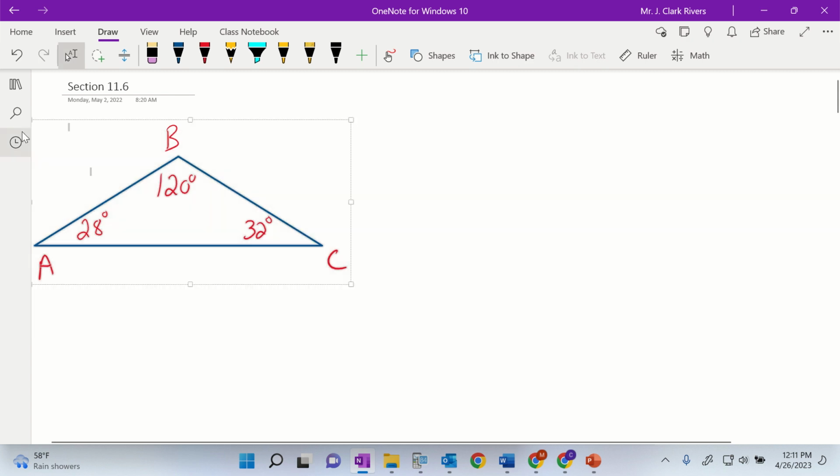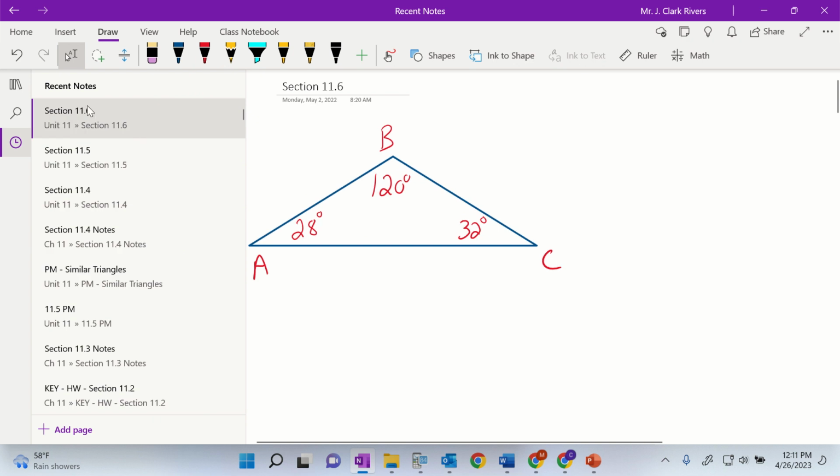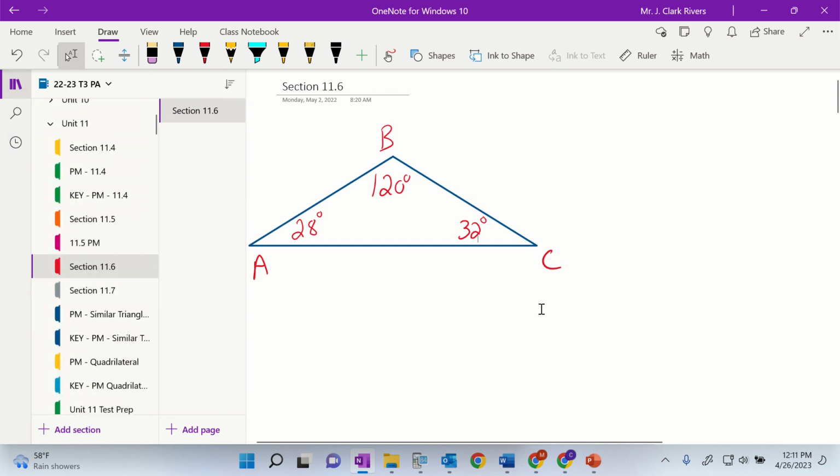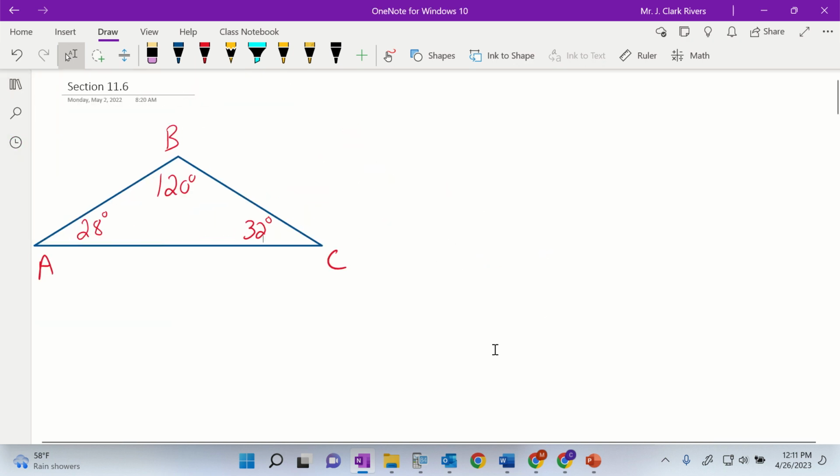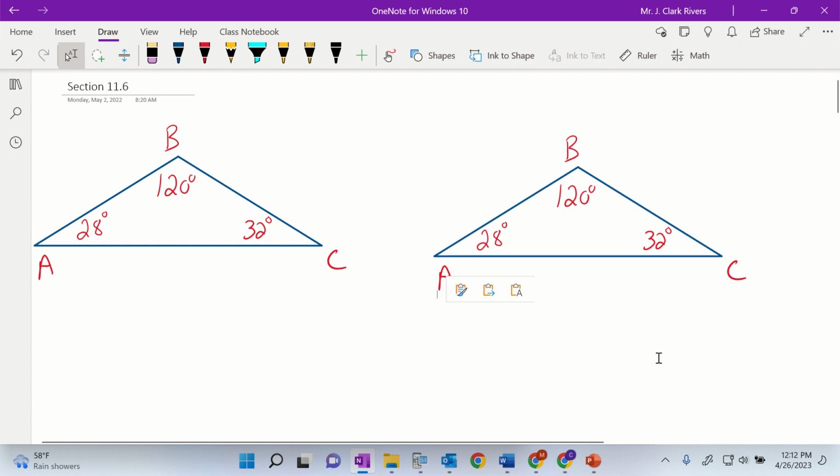Now watch what happens here. If I take triangle ABC and I'm going to copy and paste it, I'm going to select it all, copy it, and paste it right there. Now I am going to change my vertices from A, B, and C to X, Y, and Z. So how are these two triangles related right now?